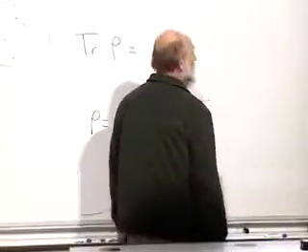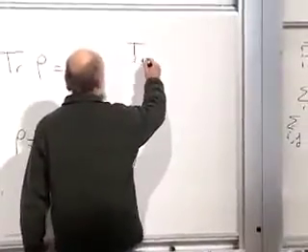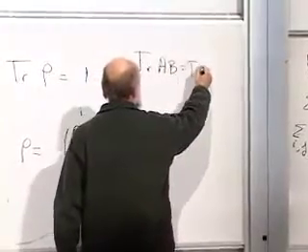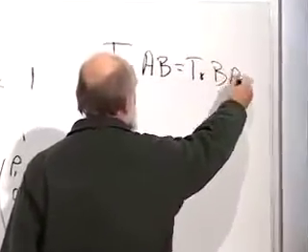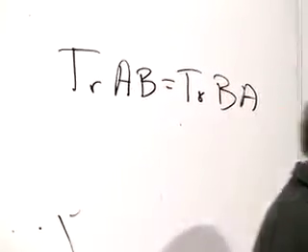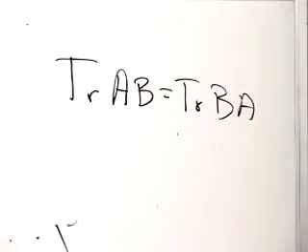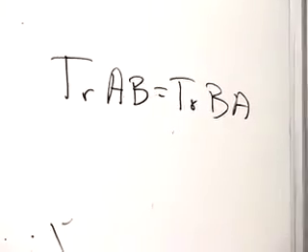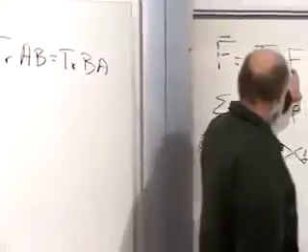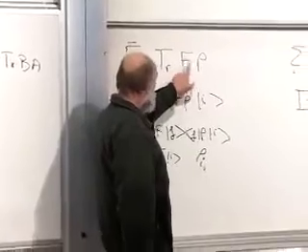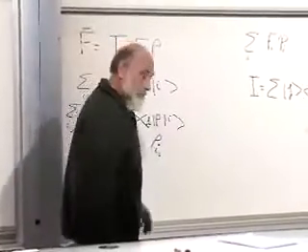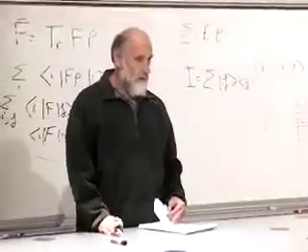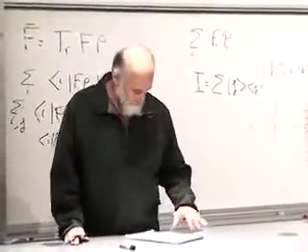If you have the product of two operators, A and B, the trace of A times B is the same as the trace of B times A. Work that out. Even if A and B don't commute. The trace of the product, doesn't matter which way you order them. And so, in fact, it doesn't matter which way you order f and rho. Trace of f times rho is the average. Okay. That gives us the concept of a density matrix.